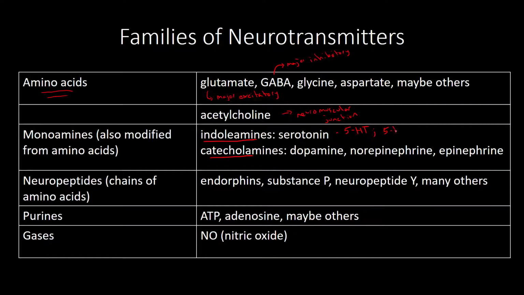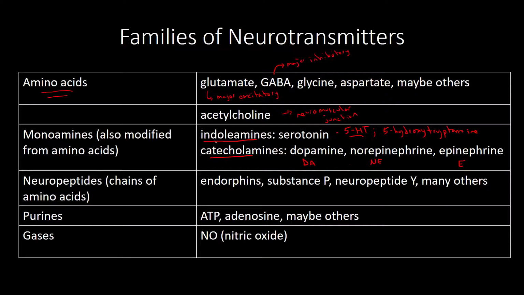That stands for 5-hydroxytryptamine, and again, that name is based on the chemical structure. You can see why we call it 5-HT or serotonin instead of 5-hydroxytryptamine. The catecholamines are dopamine, which is abbreviated DA, norepinephrine, NE, and epinephrine, E. These, again, are all related.